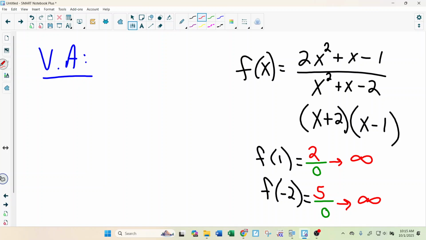Now, once we know that, though, we can think about this a little bit. What happens if we look at the limit as x approaches 1 from the right and the left?